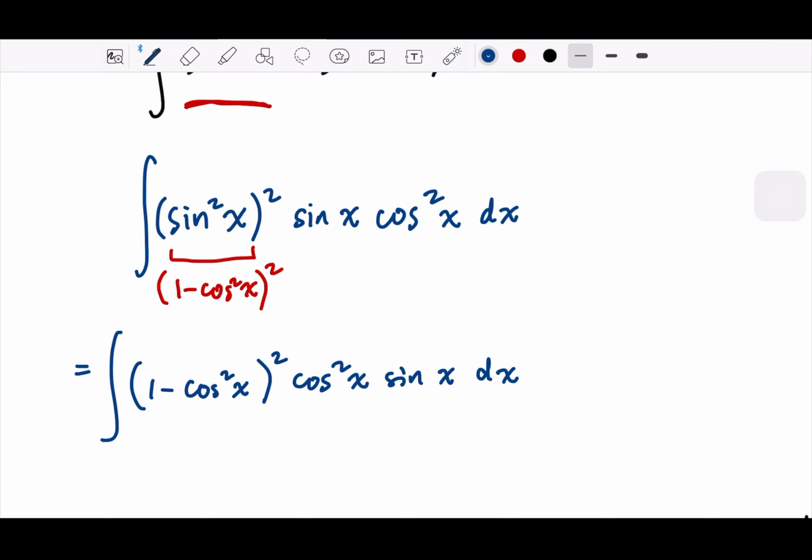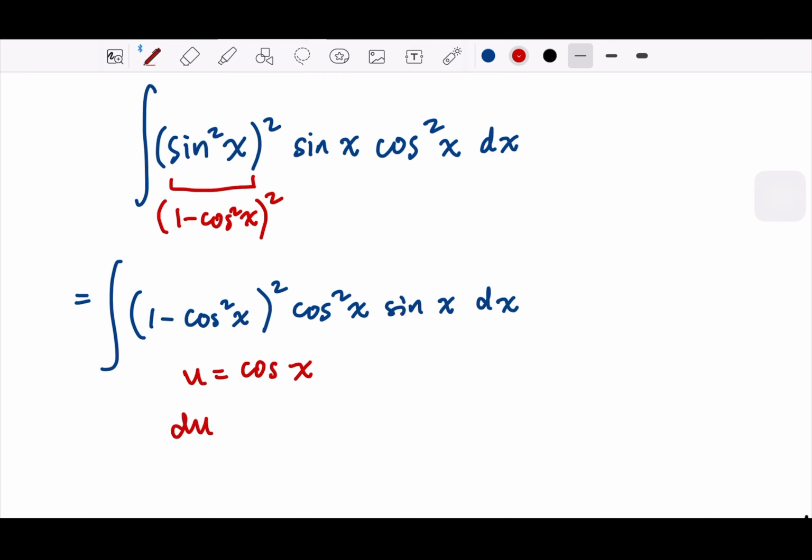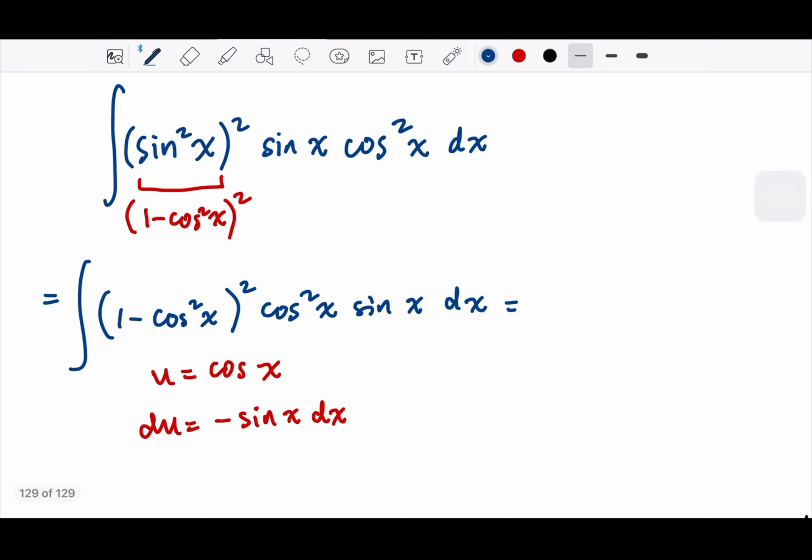So taking the substitution from cosine x, u equals cosine x, now the equation becomes, because it's negative, negative in the front, and this will be 1 minus u squared, squared, and then u squared du.